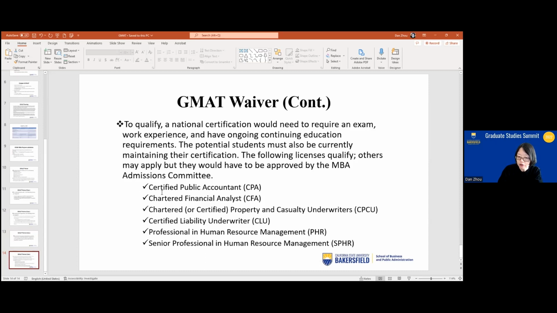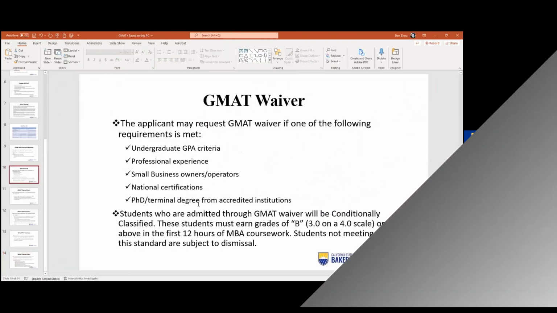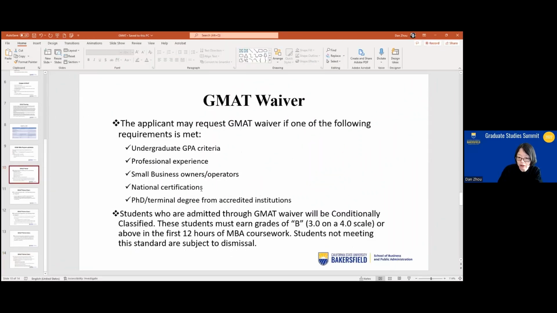For example, the certified public accountant, CPA, or chartered financial analyst, CFA, or related to insurance, chartered property and casualty underwriter, CPCU, and also the liability underwriter and human resource management. So these are examples of national certification. If you meet one of these 5 requirements, then the GMAT can be waived, okay?